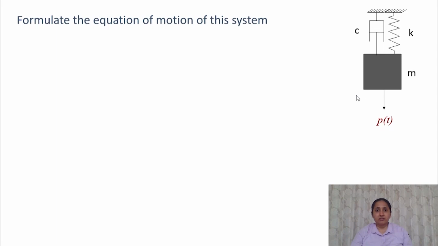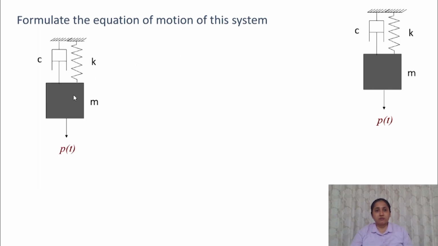Now let's formulate the equation of motion of this system. We have a mass, a damper and a spring. A dynamic force Pt is acting on this mass. Because of the self-weight, the system will have a static displacement.